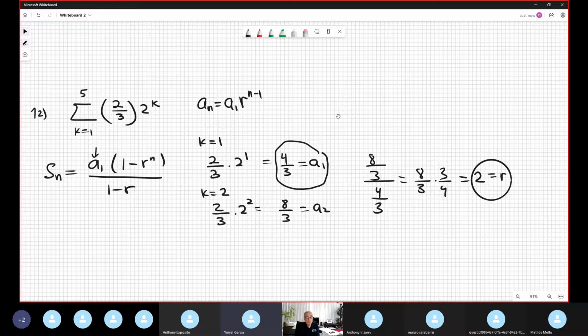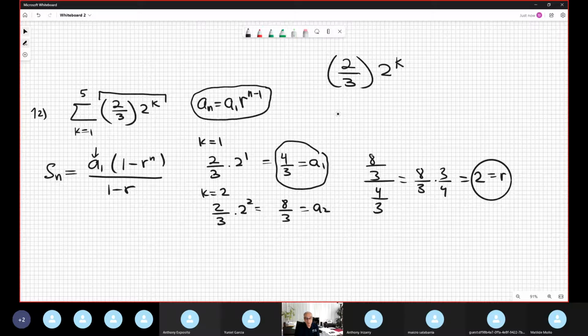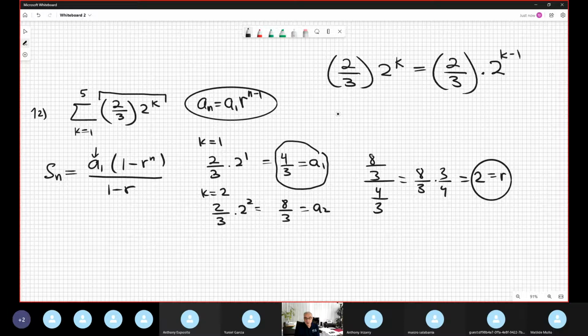Yeah, I understand. Another way, okay, personally I don't like too much to understand this idea, is I copy this expression. Okay, it's 2 thirds 2 to the k. But I know that my formula contains n minus 1 or k minus 1, in this case the variable k, no? And you split that like 2 thirds times 2 to the k minus 1 times 2, no?